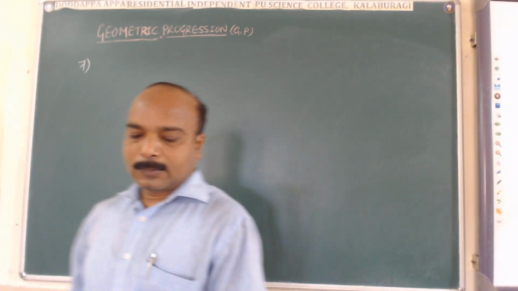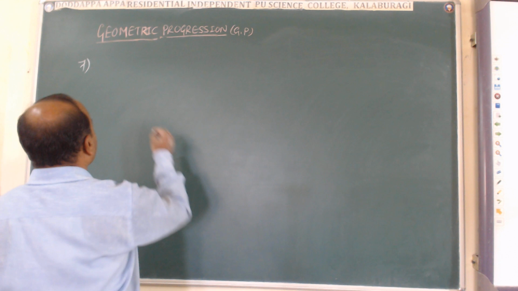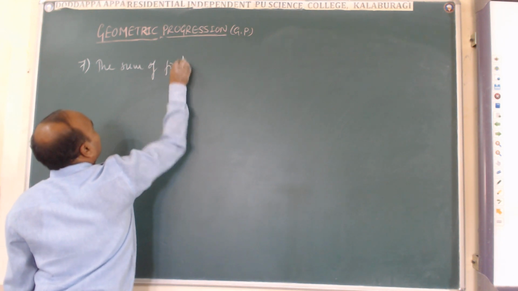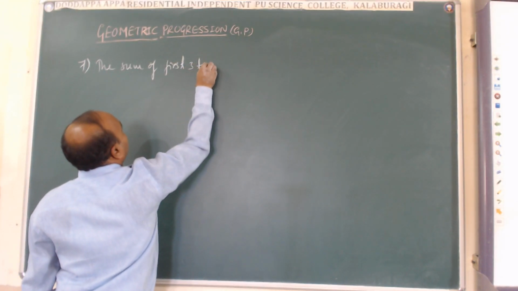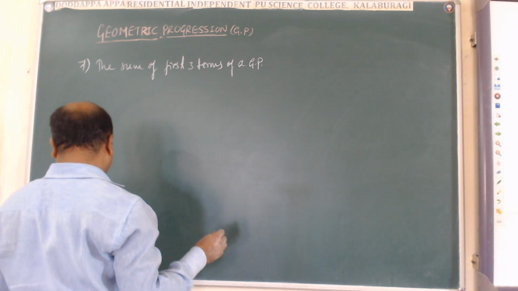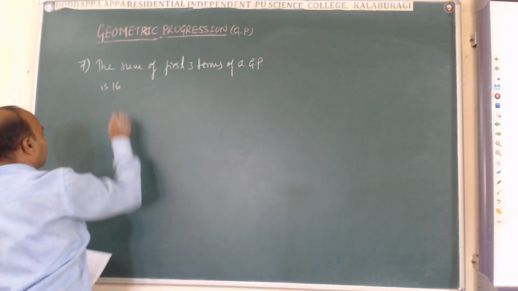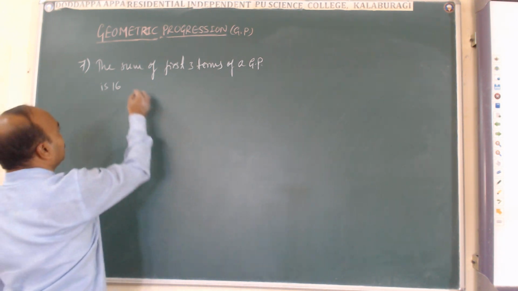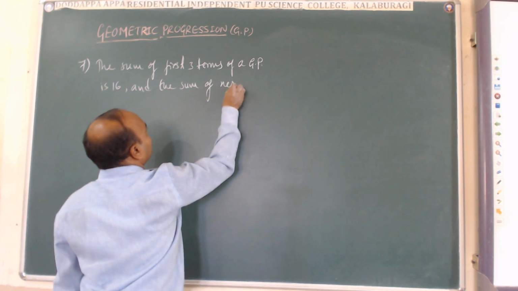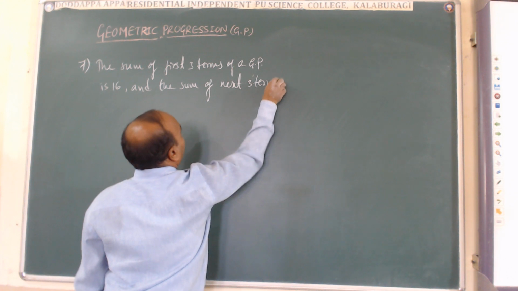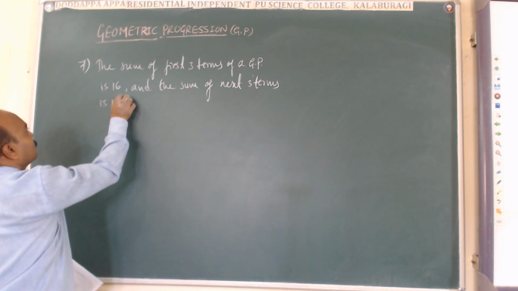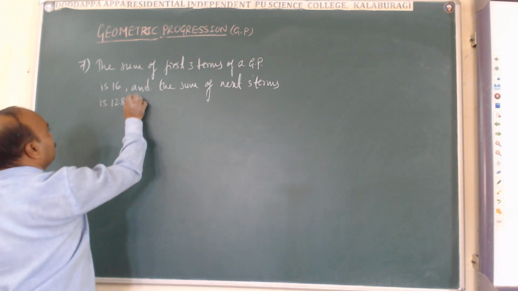Next example: the sum of the first 3 terms of a GP is 16, and the sum of the next 3 terms is 128.